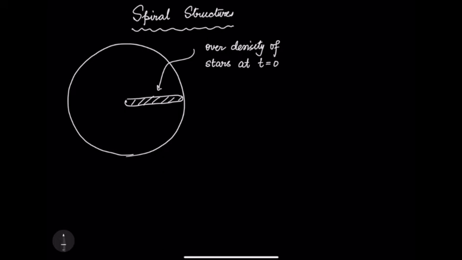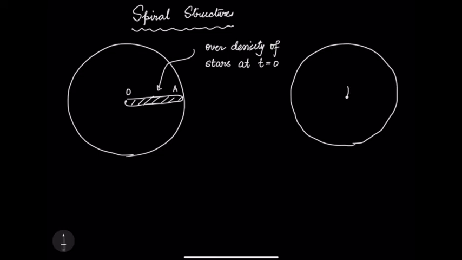Now, as time progresses, what will happen? You see, there is differential rotation. So the end which is O and the end which is A will rotate at different speeds, different angular speeds. Differential rotation means that they will rotate at different angular speeds.